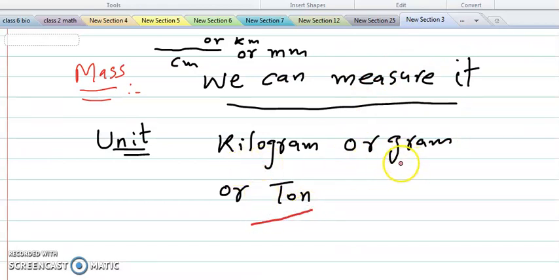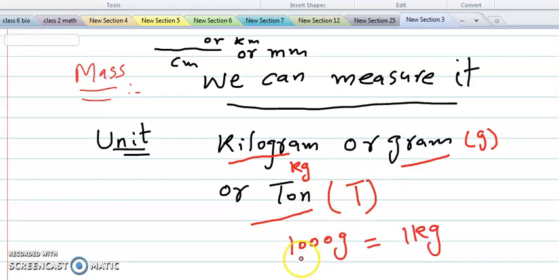For very light objects, we use the unit gram. And for normal size objects, we use the unit kilogram. For kilogram, we write the symbol kg. For gram, we write g. And for ton, we use t.